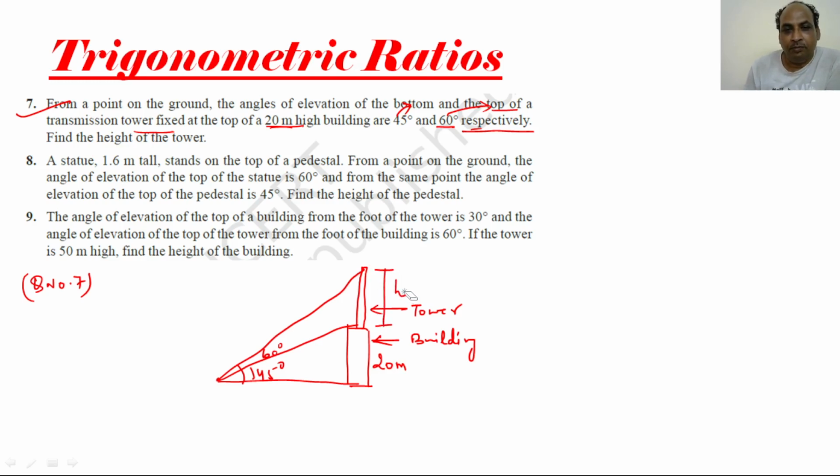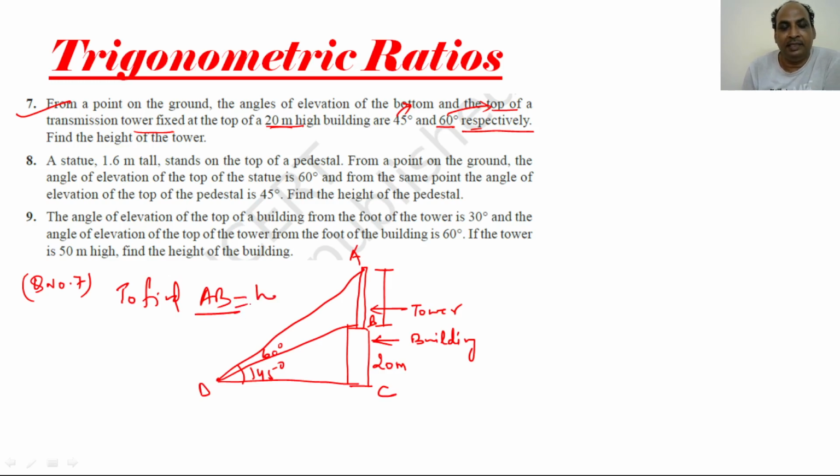Okay, suppose we name the points A, B, C and D. So we need to find only AB, which is the height of the tower. So how will we find it?